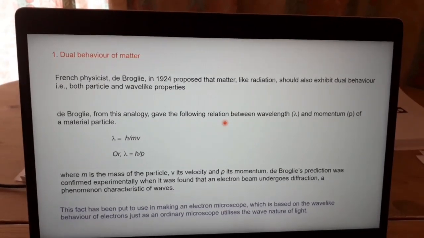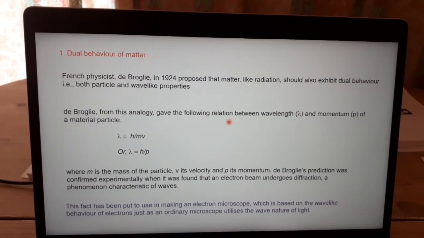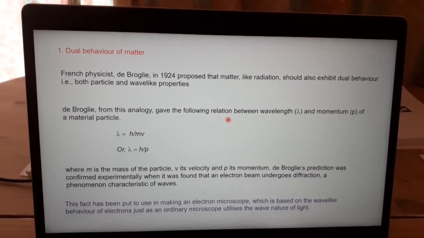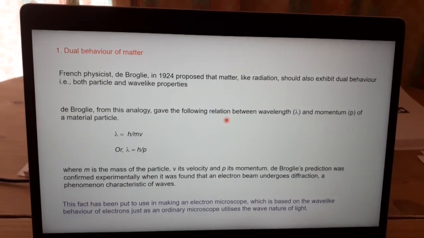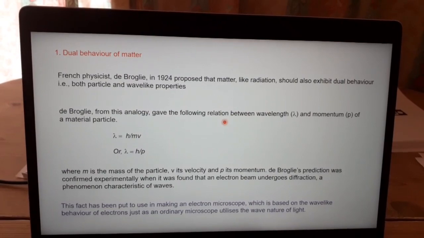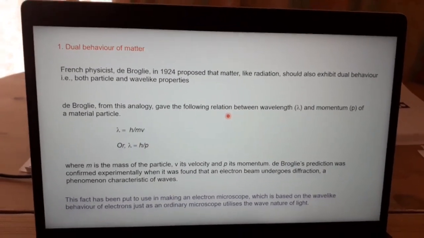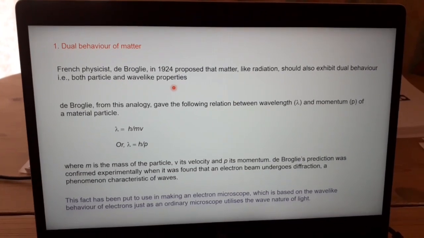So first you can see the dual behavior of matter. French physicist de Broglie, in 1924, discovered that the electron does not only behave as a particle, but has both particle and wave-like properties at the same time.